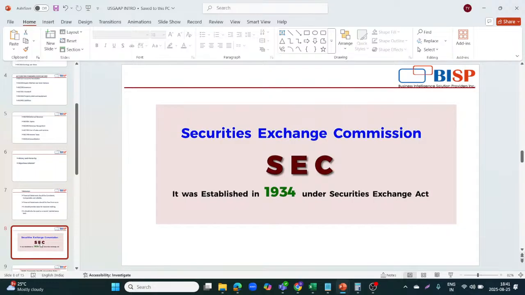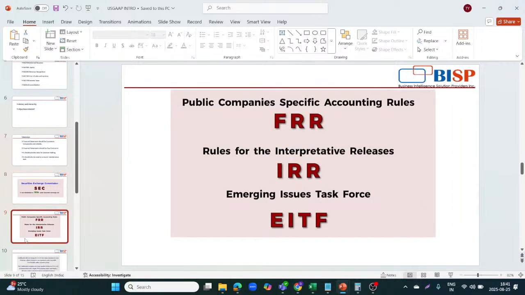So there are several boards which have been defined. The public companies' specific accounting rule board is FRR. The rules for interpretive releases that we'll be using is IRR, that is interpretive releases. Then you have the Emerging Issues Task Force, that is EITF.